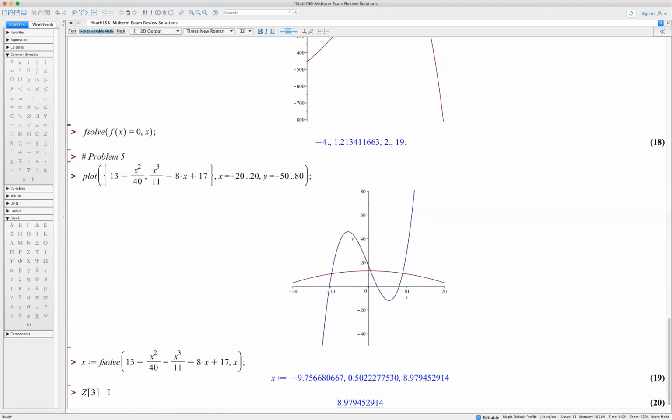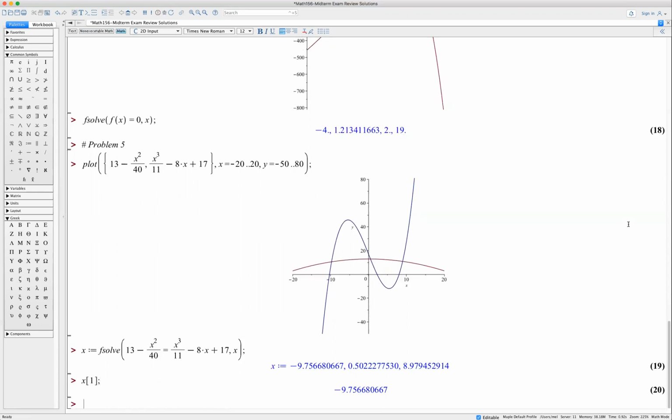So X1 is that. And if I want the coordinates of this point, I also need the y coordinate. And I get the y coordinate by substituting x into either one of these two equations.